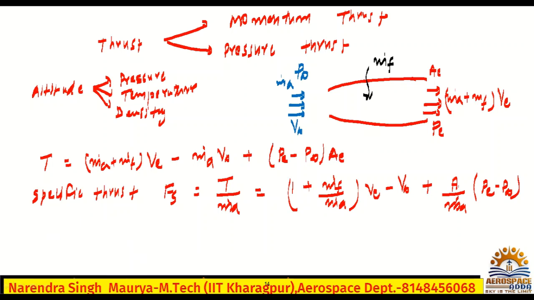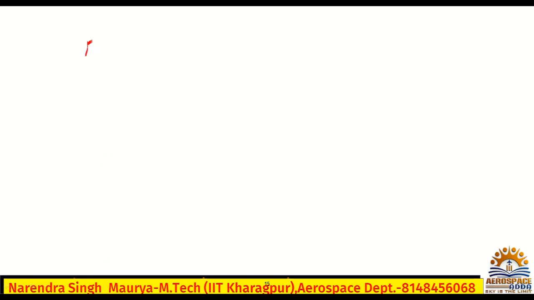Because we have to write the specific thrust, we need to write the formula. We know m dot f divided by m dot a is the fuel air ratio, which is also denoted by small f. So what will be the specific thrust now?